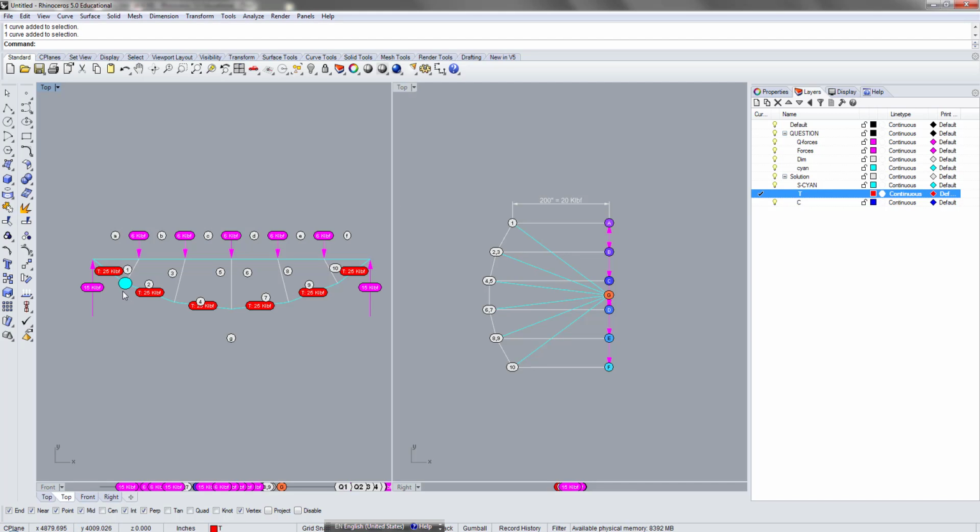So now let's go back to the first point again and analyze this member, which is called A1.